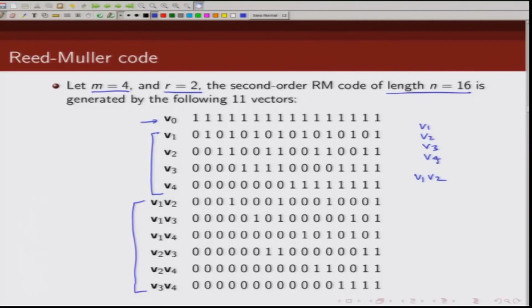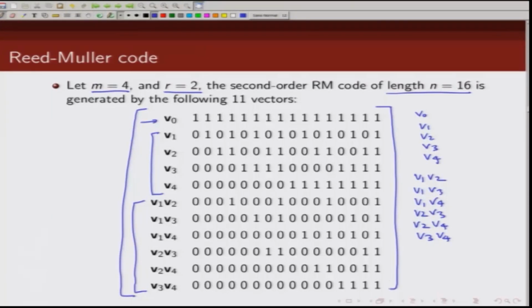So, that would be V1 V2, V1 V3, V1 V4, V2 V3, V2 V4, V3 V4, and that is what we have listed here. And of course, you have your all one pattern, and these. So, what you are going to do is arrange these as rows of your generator matrix. So, this is your 11 cross 16 generator matrix, okay, and we will use this to generate our set of codewords.